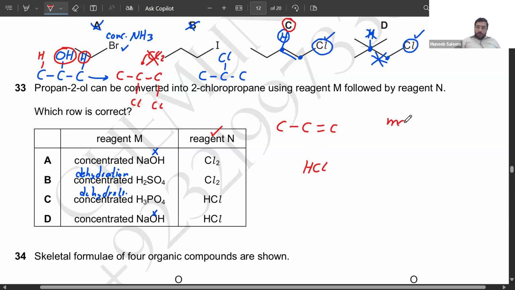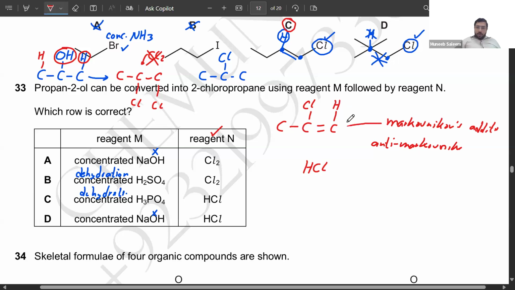Either you can go with the Markovnikov addition or rule, or you can go with the anti-Markovnikov. Markovnikov says that the hydrogen will go on the carbon having more number of hydrogen atoms. So hydrogen will add over this and chlorine will be added on this carbon.